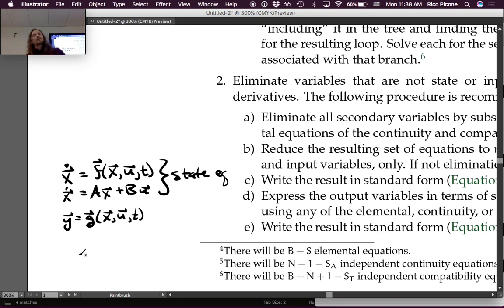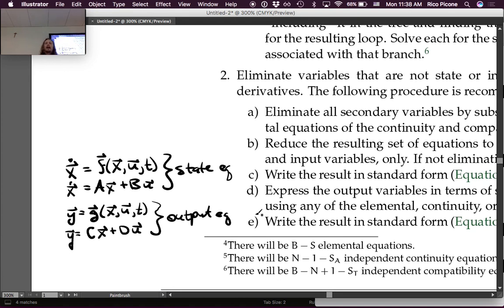They should have vector arrows over them. And then for the linear version, y is equal to Cx plus Du. So that's the output equation. And that is the whole process, okay?